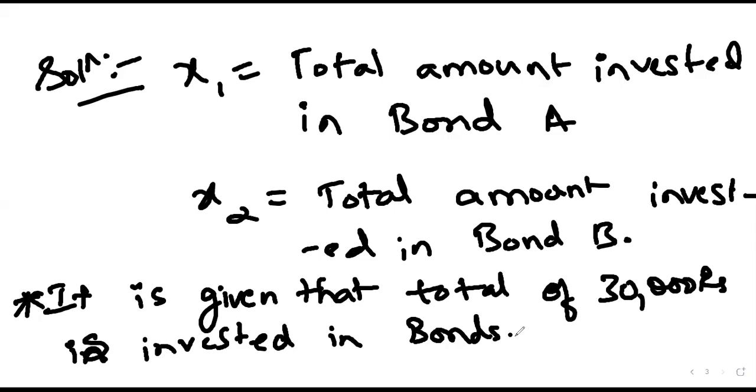So what would be the first equation according to you? X1 is the total amount invested in bond A. X2 is the total amount invested in bond B. The total amount this person has is 30,000 rupees.